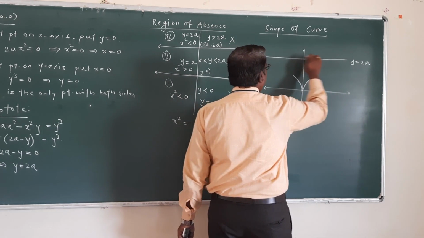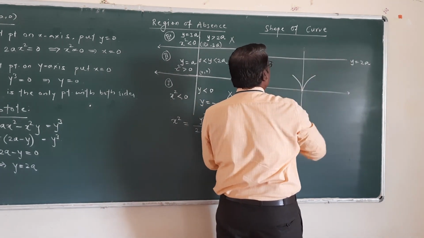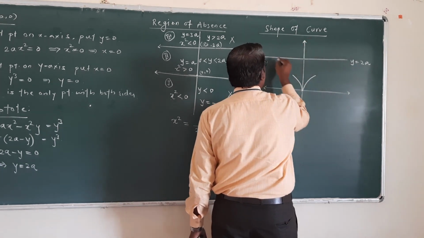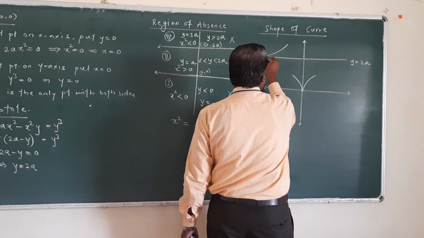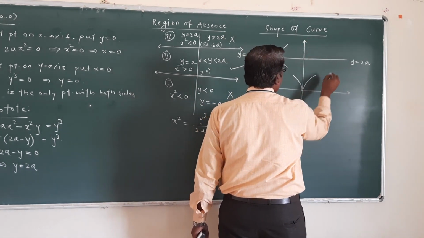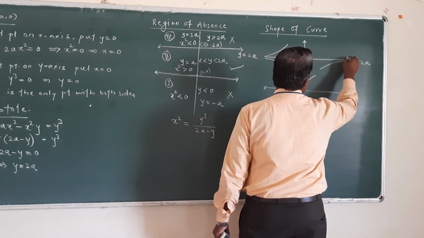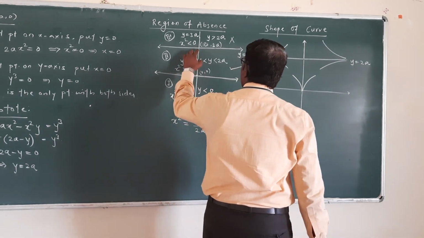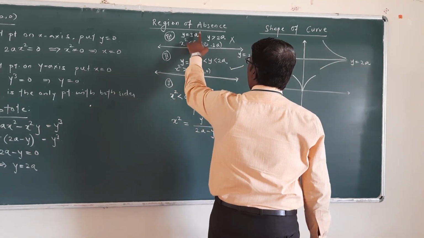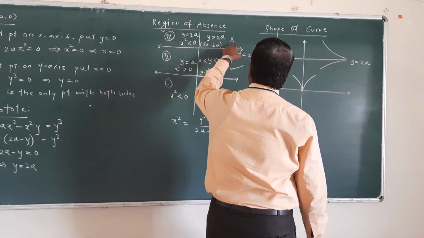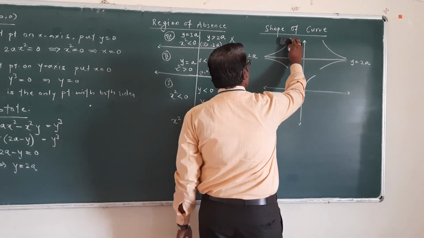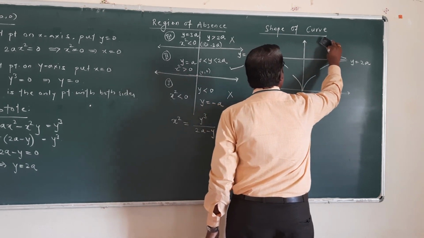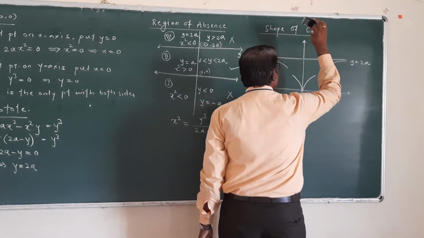If this line represents the asymptote, then the probable curves are either on this side or on this side. But after 2a, in the third partition, the curve is absent, so we will erase this part. Here also we will erase this part.